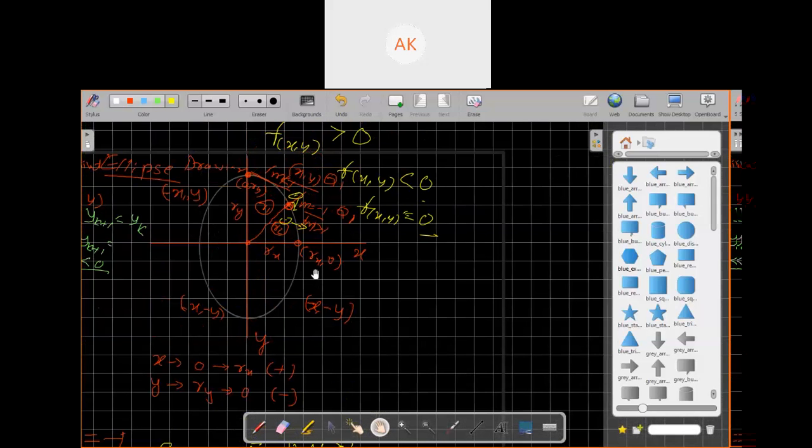Where your x value is equal to the radius along the x-axis, which is rx, and your y value is 0. So we have calculated all the points in quadrant 1. Since it follows the symmetric property, we can easily calculate the points in quadrant 2, quadrant 3, and quadrant 4.